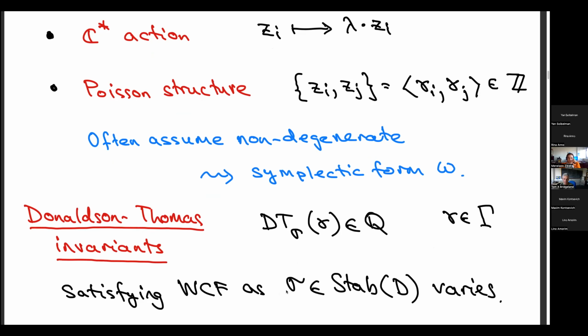And there is this beautiful story that as you vary your stability condition, these invariants kind of remain the same, but then undergo jumps as you cross walls, codimension 1 walls in stability space. And the way they change is controlled by this thing called the wall crossing formula, which means that in principle, if you know all these invariants at one point in stability space, you know them for all other points in that connected component.